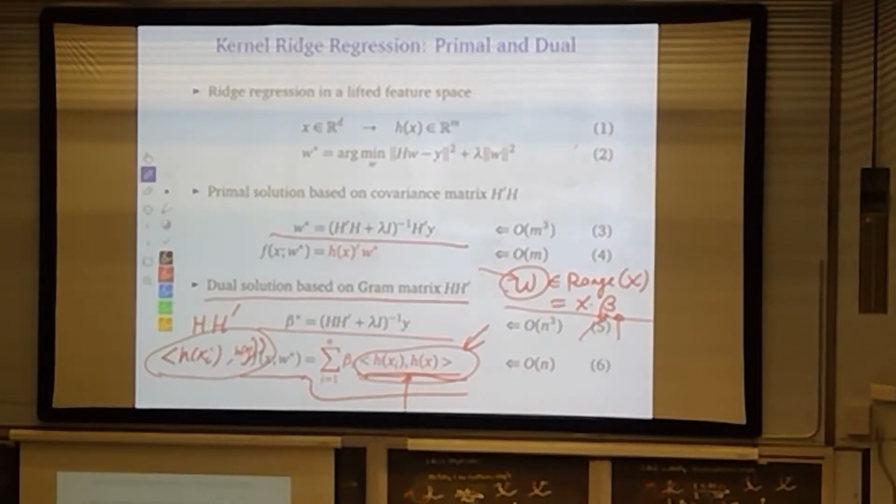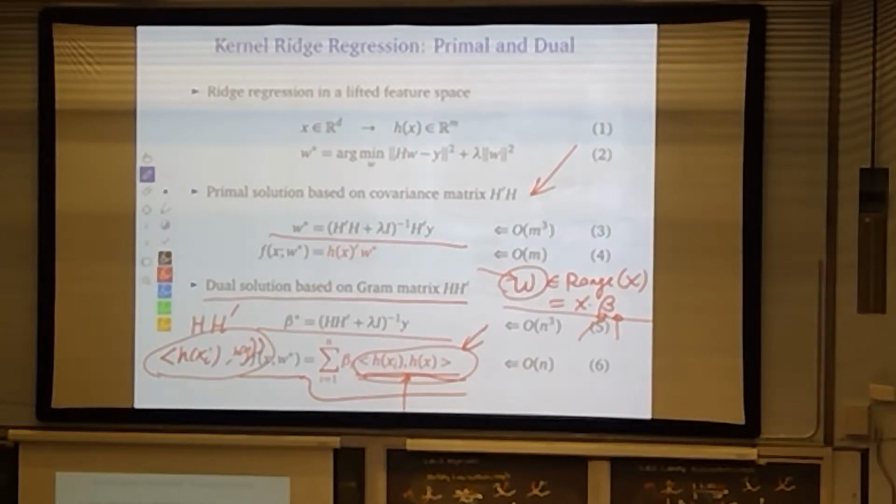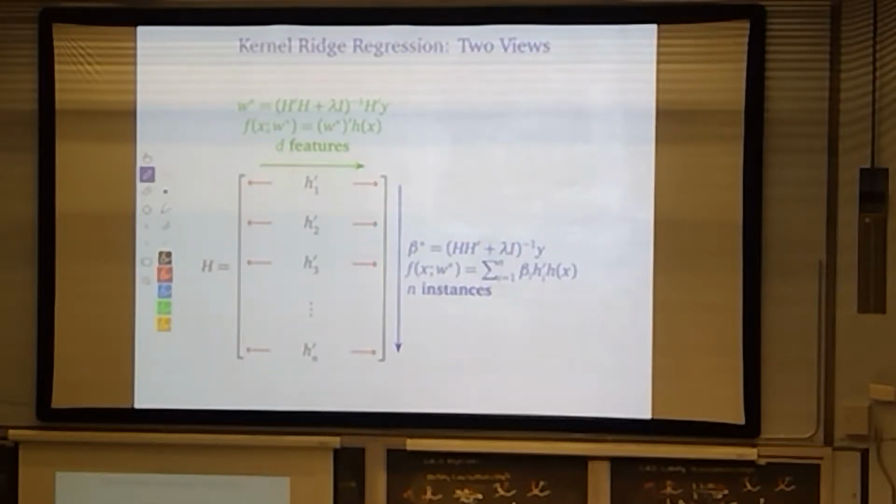So this is a ridge solution in the primal space. The W is d times 1. And this is n by n times 1, the dual space representation. This is what I'm trying to illustrate here. You have two views, they're dual to each other.